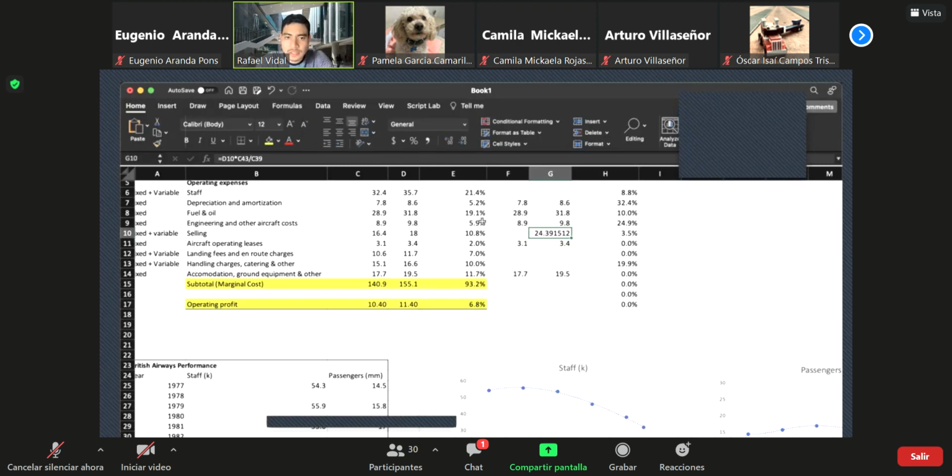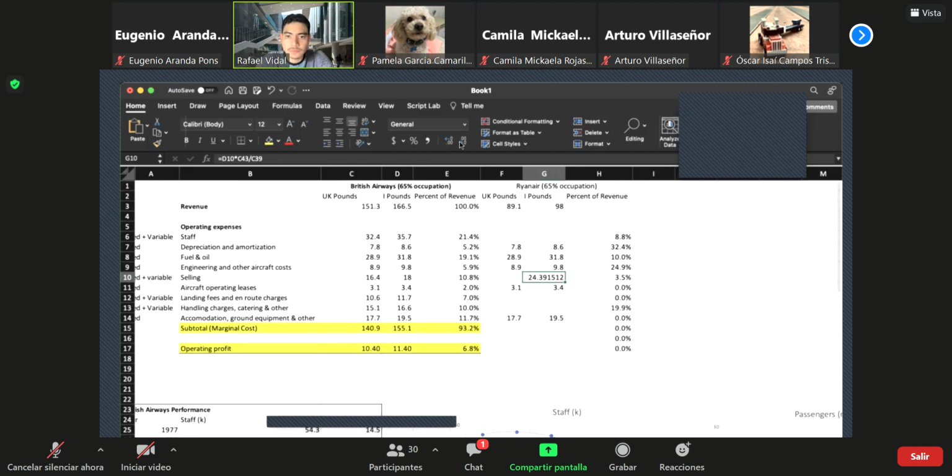So we have this calculation. We're going to use this factor to calculate the UK pounds.